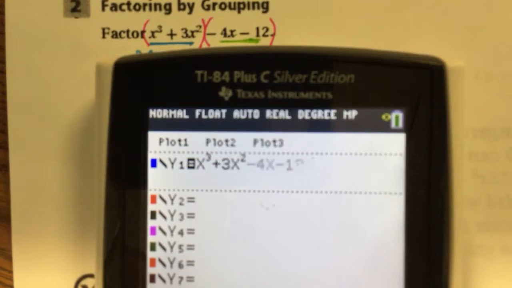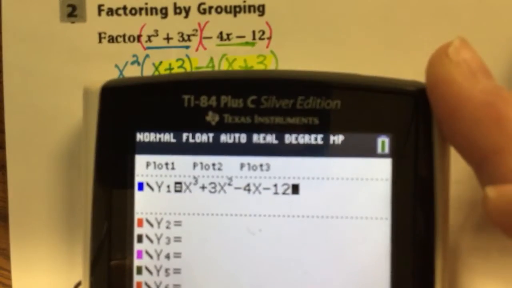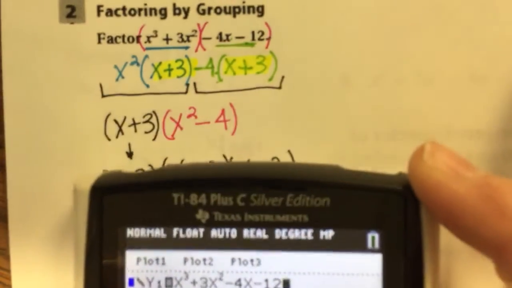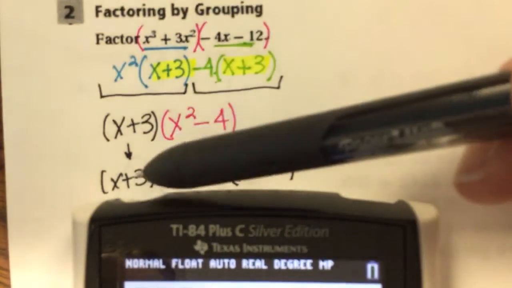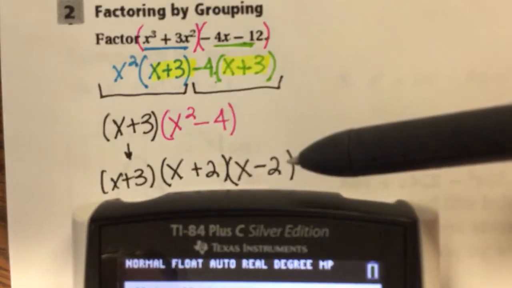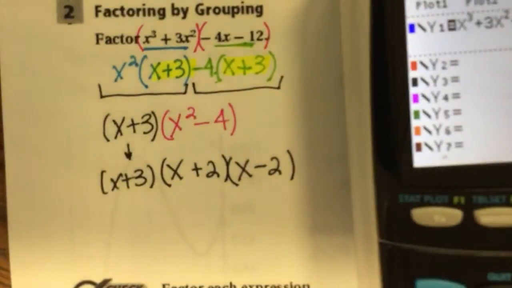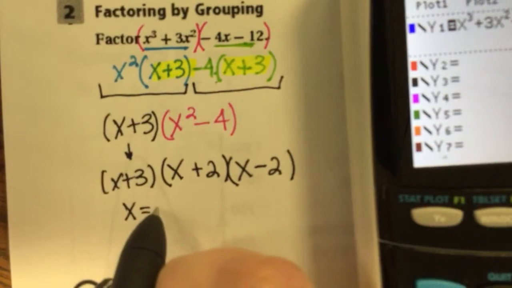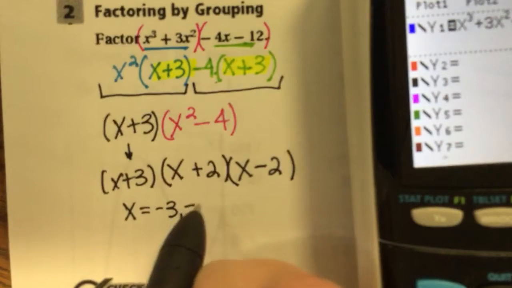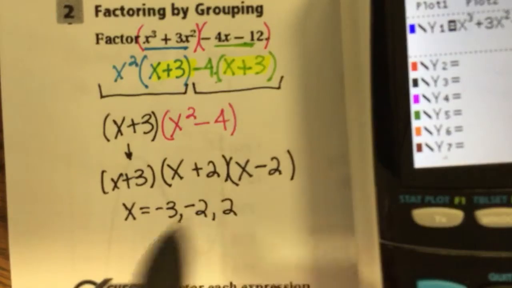minus 12. Now, when I graph this, knowing what we know about factors and x-intercepts, I should have how many x-intercepts? 1, 2, 3. And more specifically, if I solve these for x, I should have x-intercepts at negative 3, negative 2, and positive 2, if I have done this correctly.